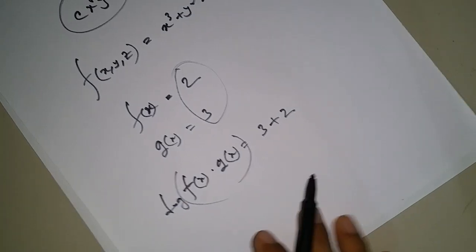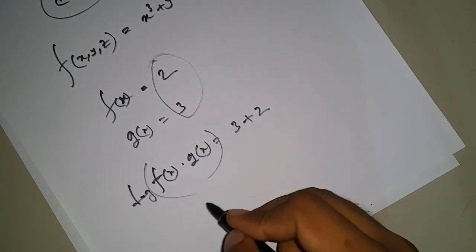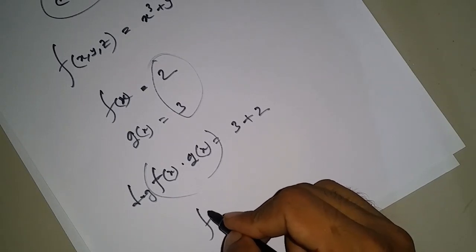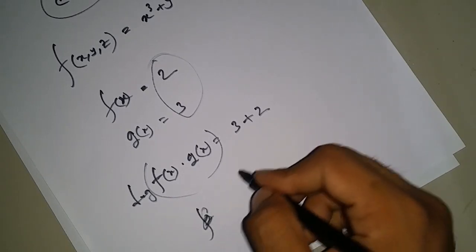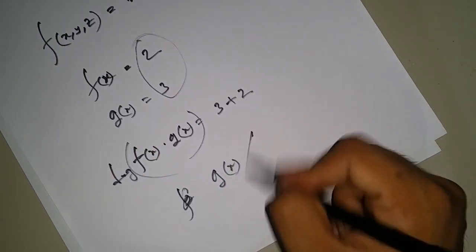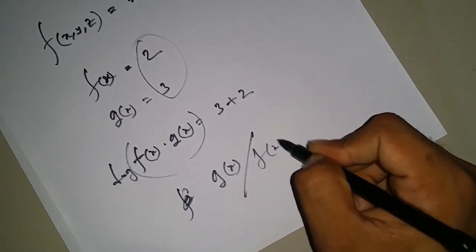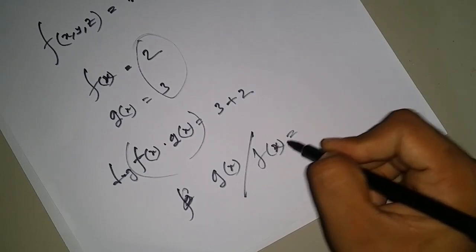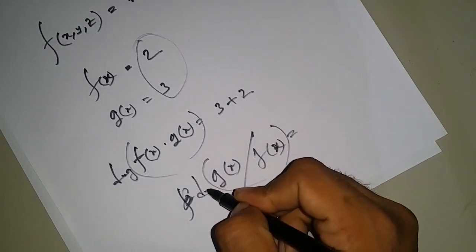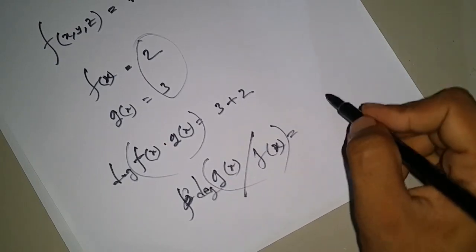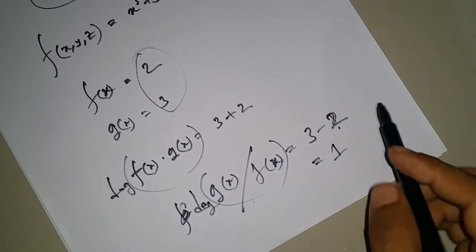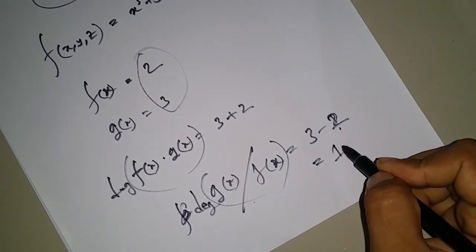Clear? In case of division, g of x divided by f of x, the degree of this polynomial is 3 minus 2, that means 1.